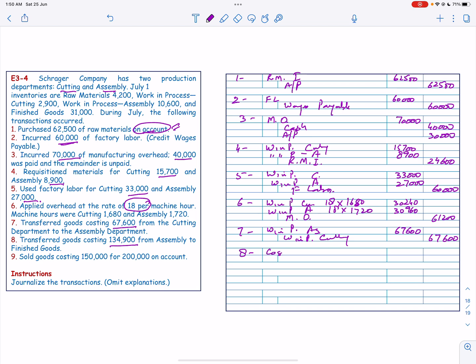So finished goods inventory is debit by 134,900 and work in process assembly is credited by 134,900. We move on to number 9.